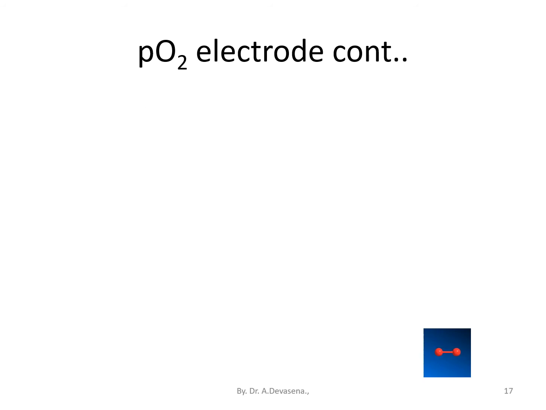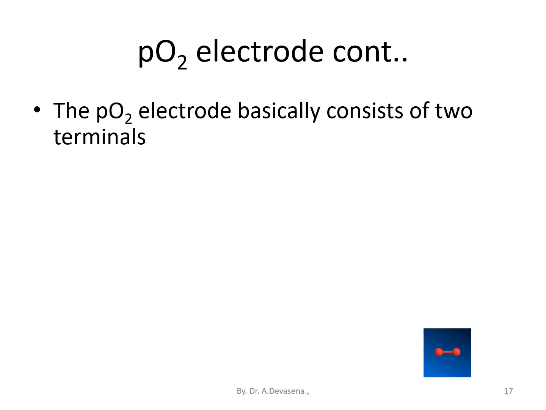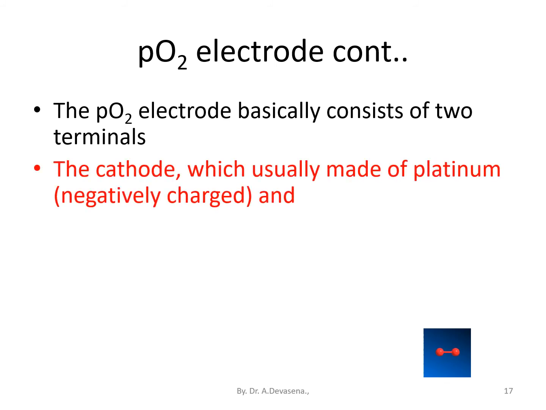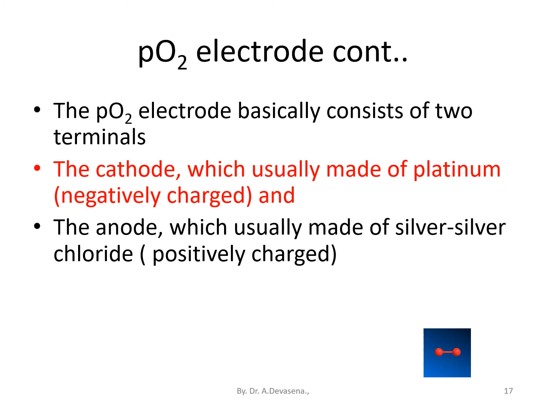The partial pressure of oxygen electrode basically consists of two terminals. The cathode, which is usually made of platinum, is negatively charged, and the anode, which is usually made of silver chloride, is generally positively charged.